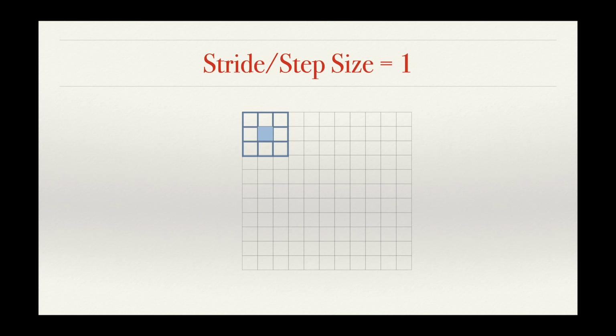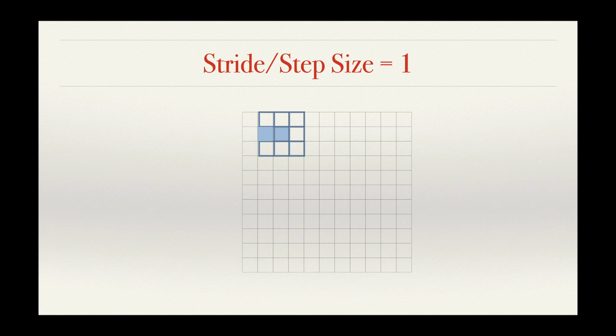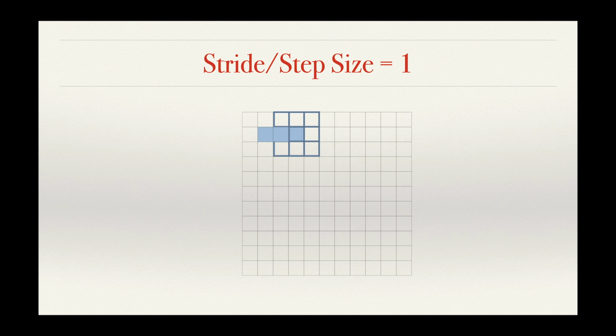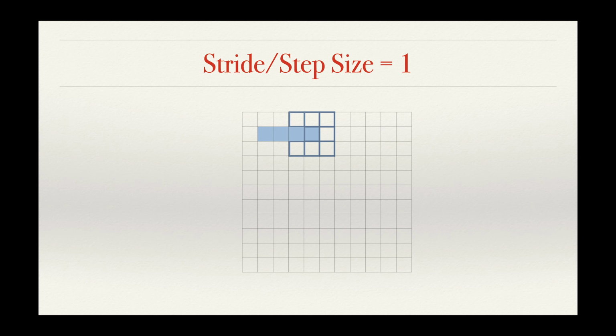Now, if we have the kernel size decided, the second one would be the stride or step size. We said that in convolution we move along the image. The question here is, do we move pixel by pixel? When it's pixel by pixel, it's stride equal to 1, which means I would move from here to the next pixel directly, and I would continue doing that until I finish the whole image.